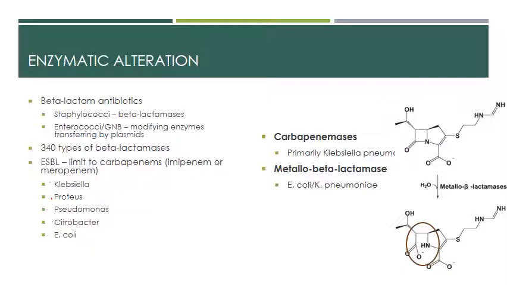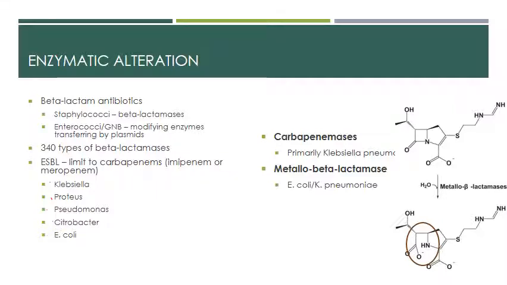And so you're limited to some of the more toxic antibiotics, and they're very difficult to treat. The organisms that harbor carbapenemases, primarily Klebpneumo is the organism, but we have found carbapenemases present in E. coli, Citrobacter. So it is present in other ones, but primarily you're going to find it in Klebpneumos.